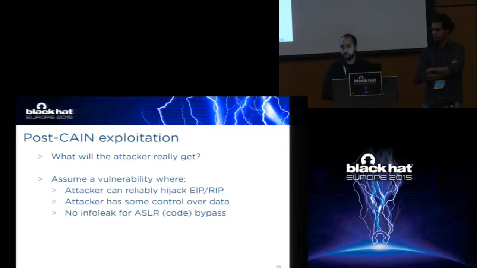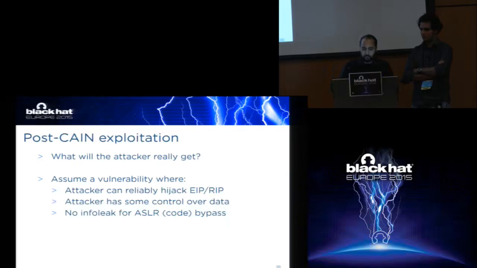And for server systems or server processes, this somehow makes sense, right? Because it's much more difficult to find an info leak in server processes than it is maybe in a browser, for example, where you can construct an info leak with an arbitrary write under certain circumstances.